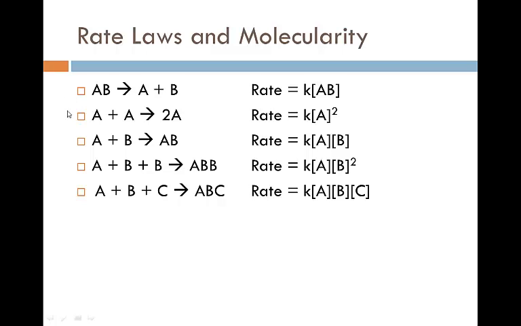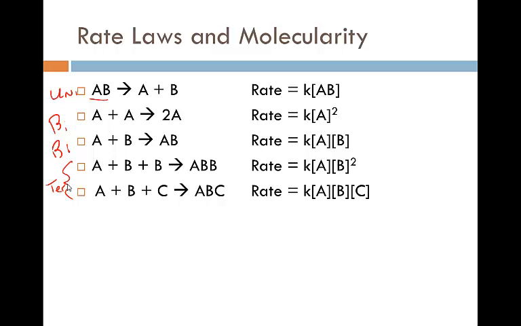So, for example, the top one is a unimolecular elementary step, as we just have one reactant. Here we get a bimolecular elementary step, and actually we get a bimolecular step in the third one as well. And these final two are termolecular elementary steps. Both of those are examples of termolecular.